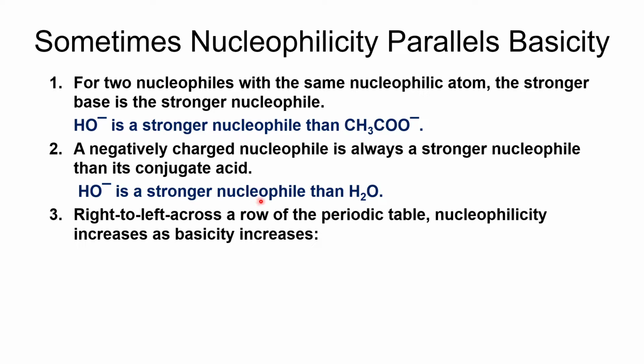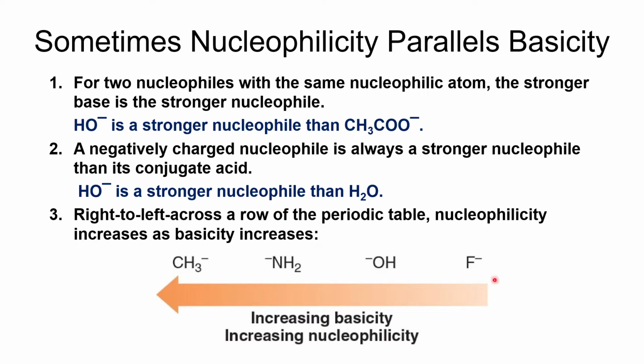So nucleophilicity, how good it is as a nucleophile, will increase as the basicity increases. We'll find that fluoride is a weak base, hydroxide is a strong base, NH2- is an even stronger base, and CH3- is a crazy strong base. Well, these get more nucleophilic as we go from right to left across the periodic table.